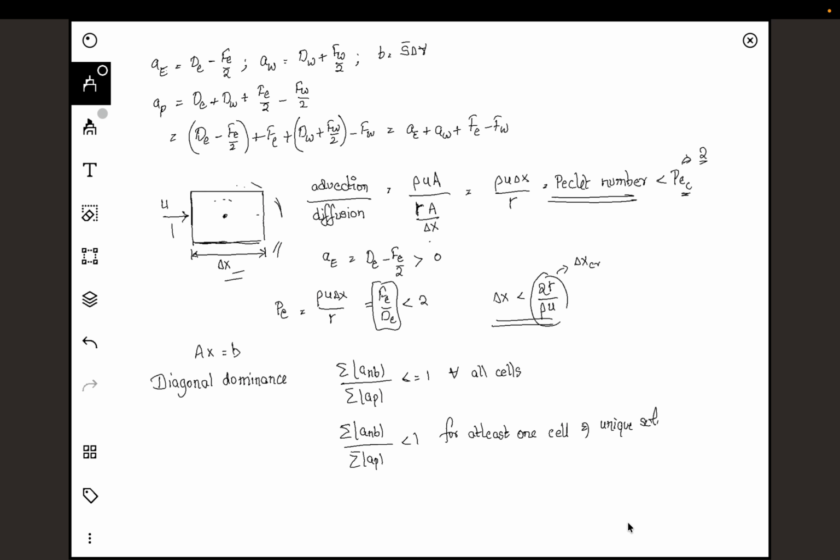Now often there will be some problems, which we will see next week when we are solving SIMPLE, where your boundary conditions are such that this particular criteria is not satisfied. That happens especially when you have Neumann boundary conditions everywhere. When you have only Neumann conditions everywhere without any Dirichlet condition, then this criteria is difficult to satisfy.